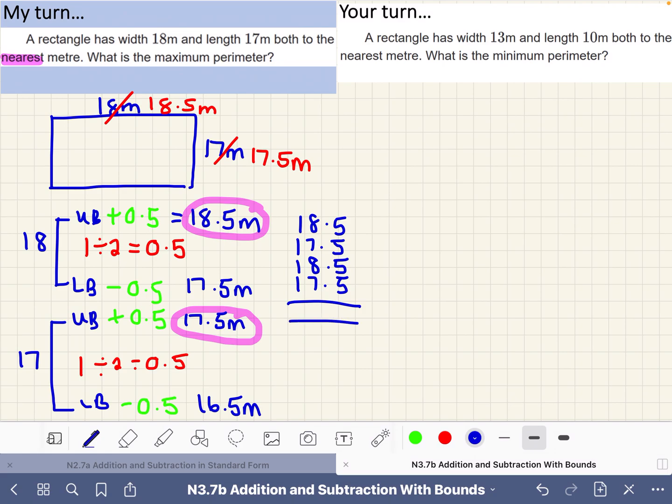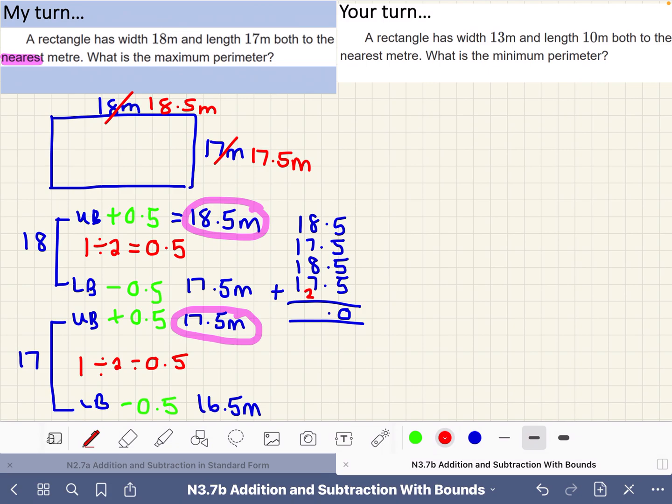And we can do that in a column method, or we could add two of the measurements together and double it. It does not matter which one you choose to do for your addition. So 5 add 5 add 5 add 5 is 20. So 0 down, and we will carry the 2. 8 add 7 is 15. 15 add 8 is 23. 23 add 7 is 30.